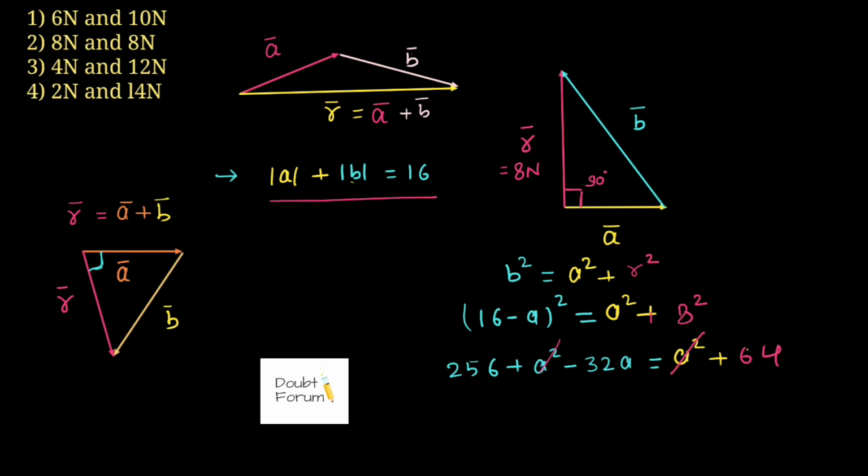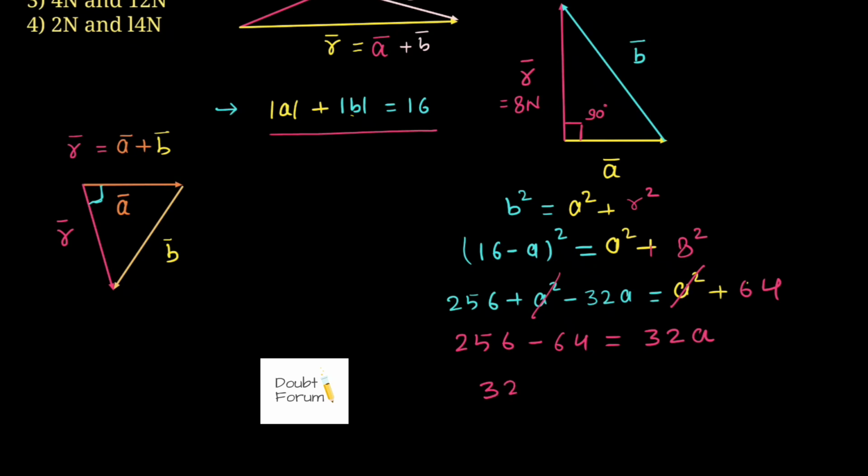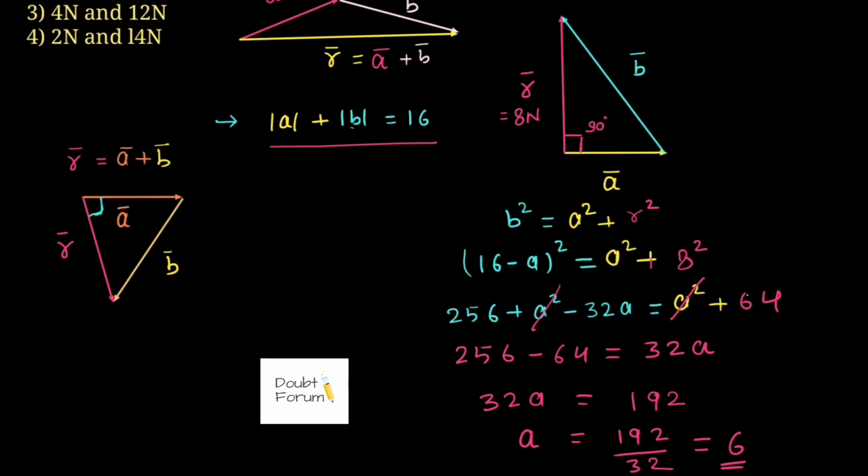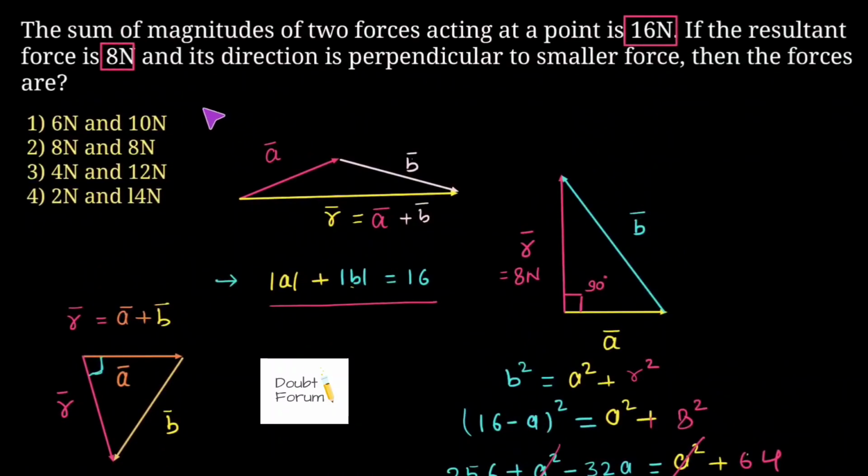So A square and A square cancel each other, and 256 minus 64 equals 32A. 256 minus 64 is 192, and from here the value of A comes out to be 192 divided by 32, which is 6. When the value of A is 6, the value of B is 16 minus 6, which is 10. So 6 and 10 would be the correct answer.